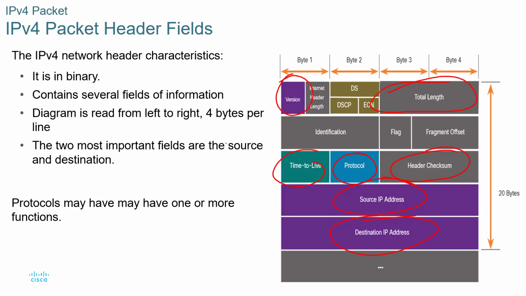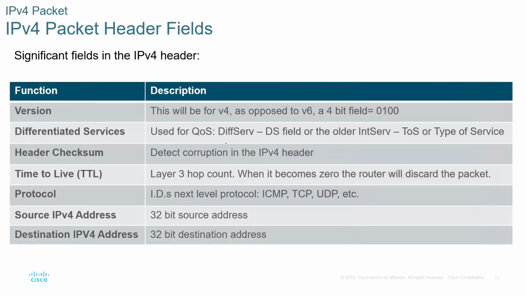If the time to live expires, that particular packet will be dropped. That's where sometimes you see a message called request timed out. You may also see something like unreachable. Unreachable means the packet went to test and came back, but request timed out means the time given to it has expired.